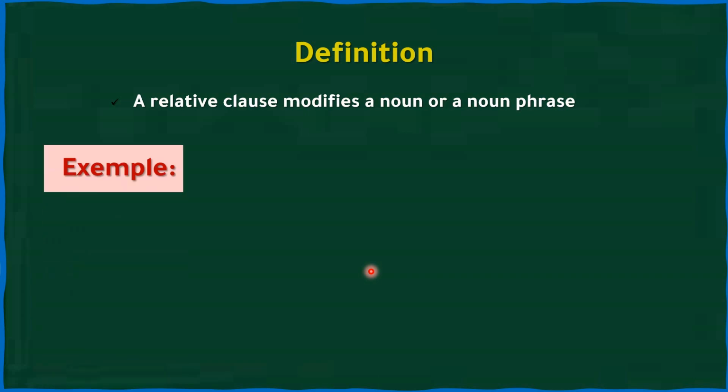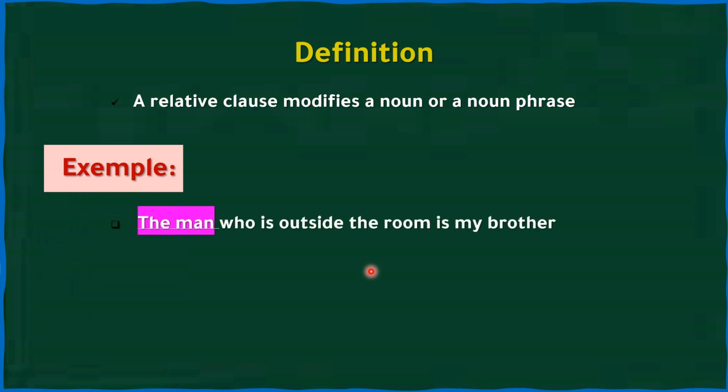Okay, example. The man who is outside the room is my brother. The word underlined is the man. The man is replaced by who. Who is a relative clause. Why who and not which?